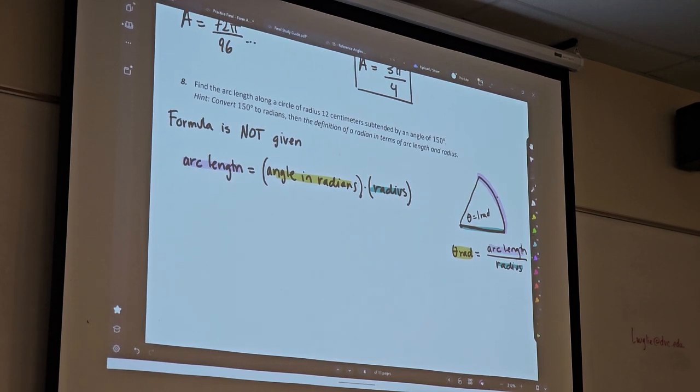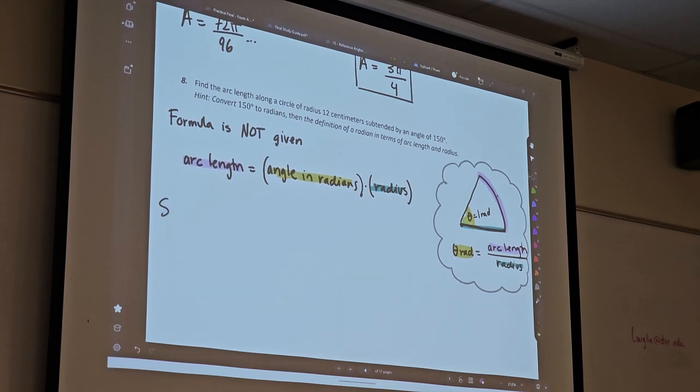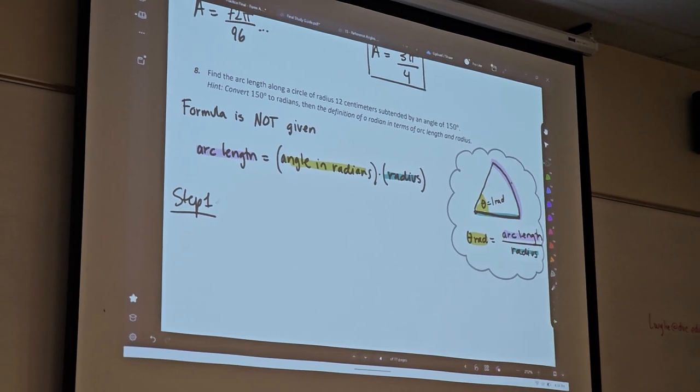Yellow times blue is purple, right? So you don't have to do this to get the problem right, but I think it's nice to know what the heck a radian is. Okay. So step one, convert to radians.